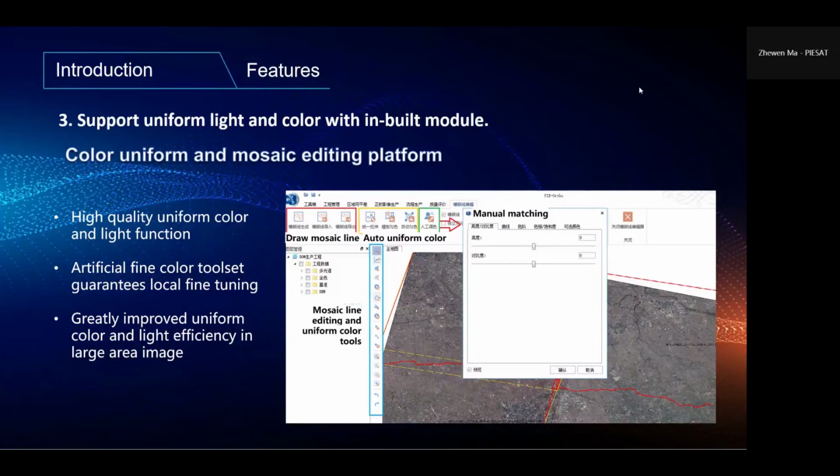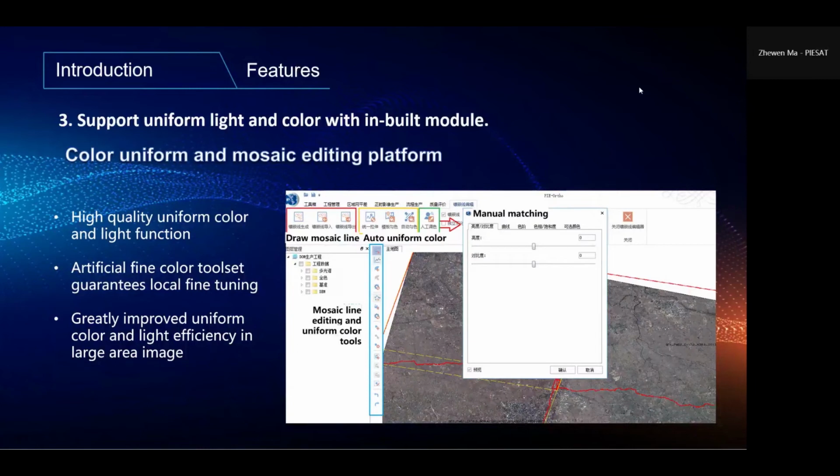This software comes with editing tools for color tuning, light tuning, and image mosaic and editing. It's quite like photoshopping your picture in PyAuthor, and it comes with a lot of parameters and factors that you can edit and change, and by using this, users can achieve fine color matching.